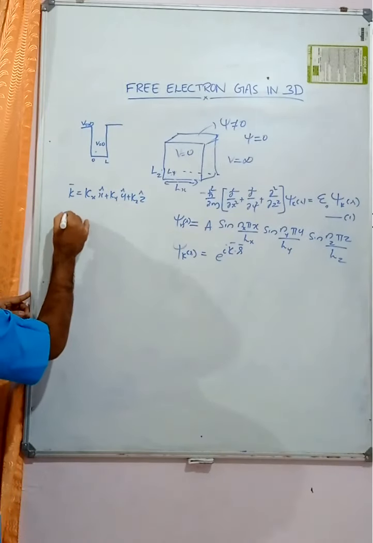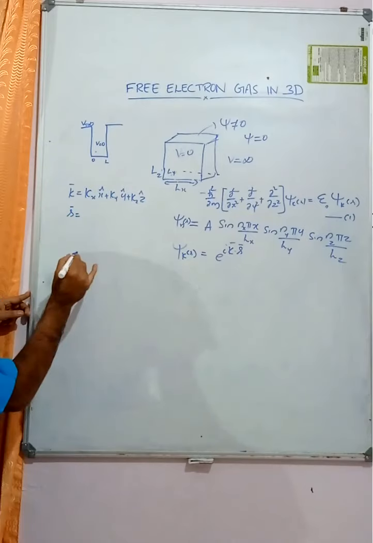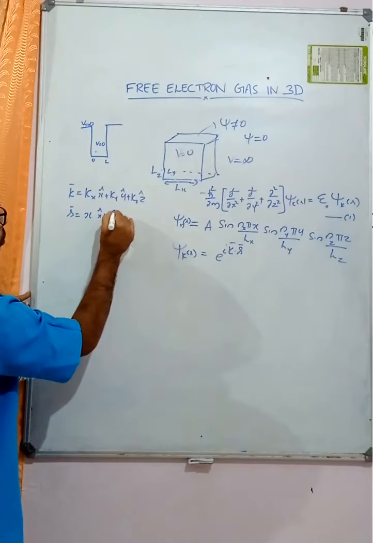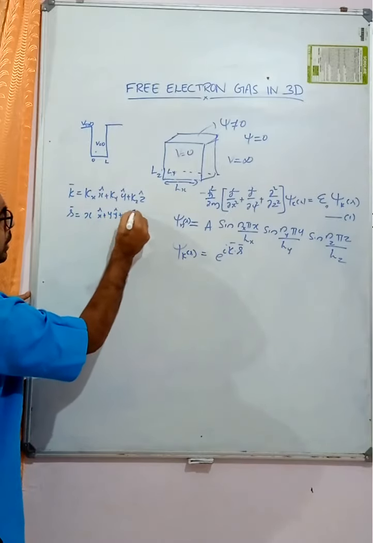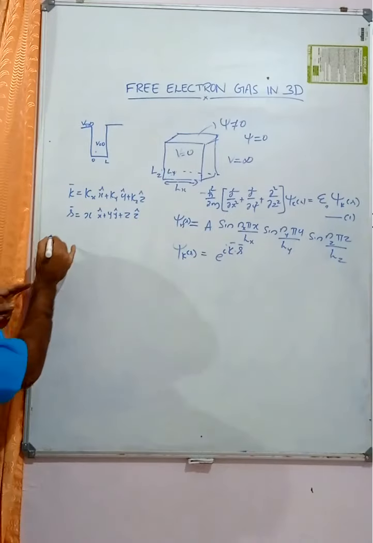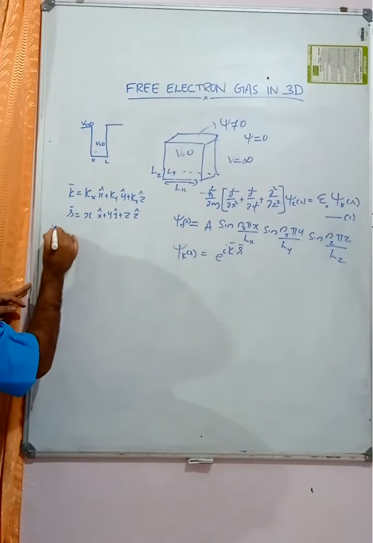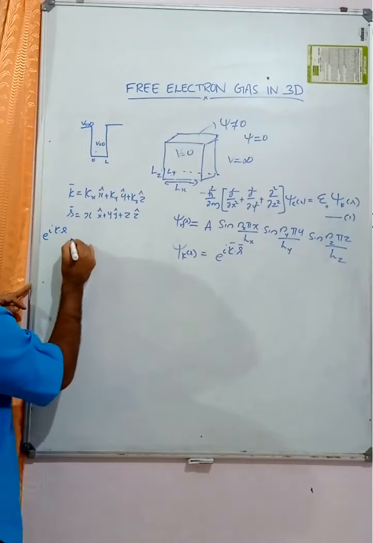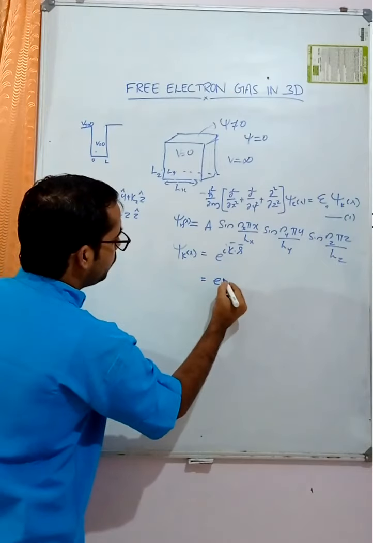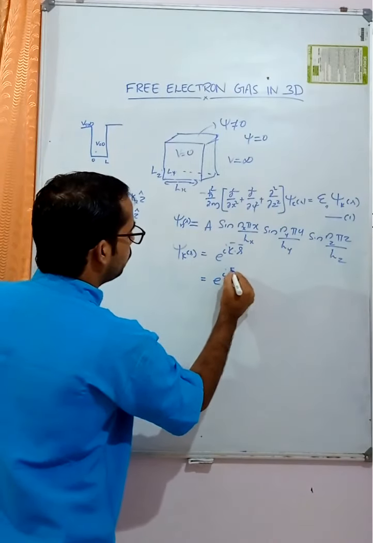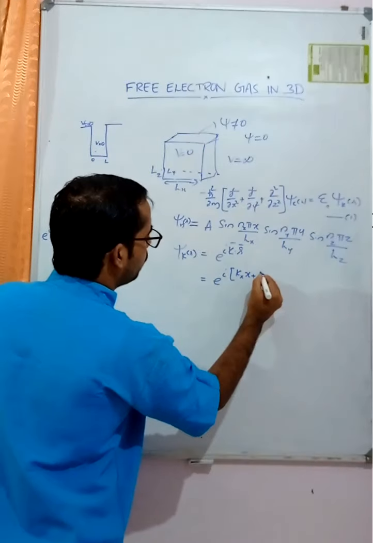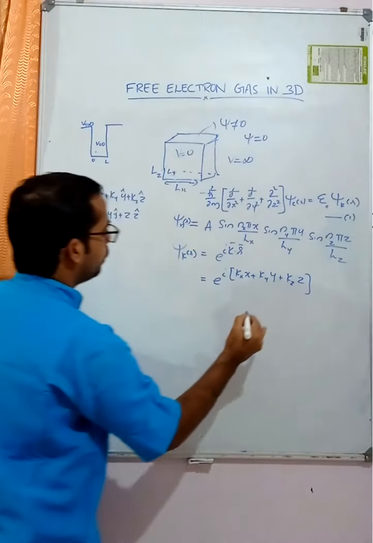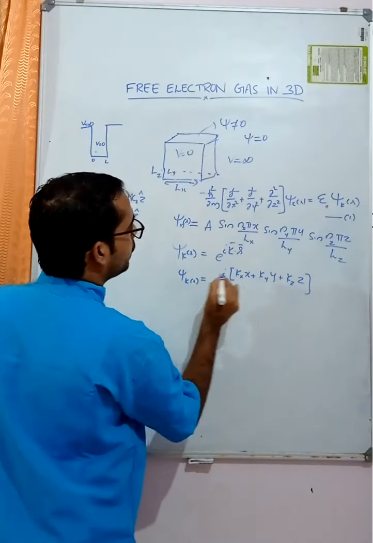Also in real space, r can be in Cartesian format: x x-hat plus y y-hat plus z z-hat. So the solution e raised to i k dot r can be written as e raised to i (kx x plus ky y plus kz z). Let it be equation number 2.